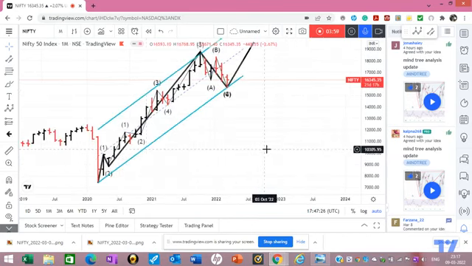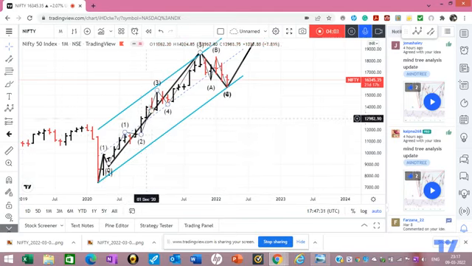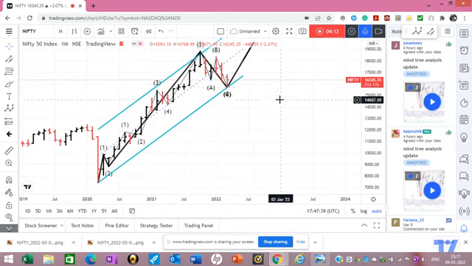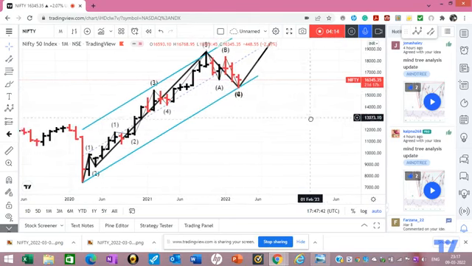This is on the monthly basis. So this would be the third wave, then A, B, and C corrections. And now we are going to have wave 5.